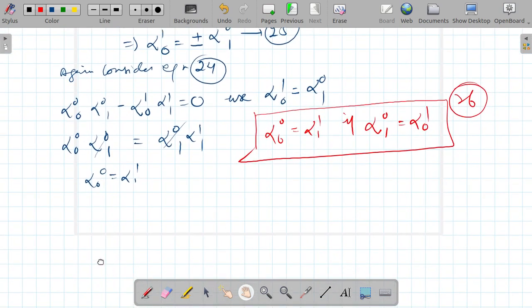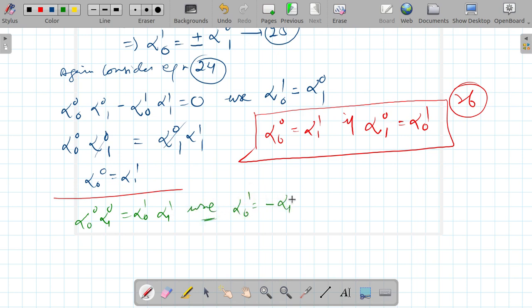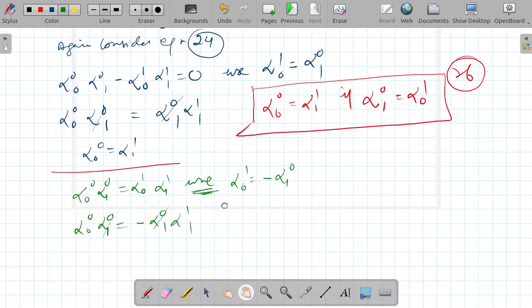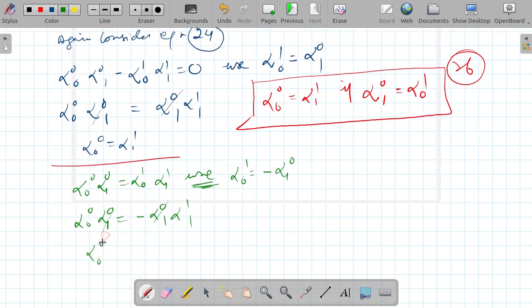Similarly, again, if I consider that alpha 0 0, alpha 1 0 is equal to alpha 0 1 and alpha 1 1, and if I use the fact that alpha 0 1 is equal to minus alpha 1 0, then alpha 0 0, alpha 1 0 must be equal to minus alpha 0 1, and here it is alpha 1 1, which means that alpha 0 0 is equal to alpha 1 1 with negative sign.